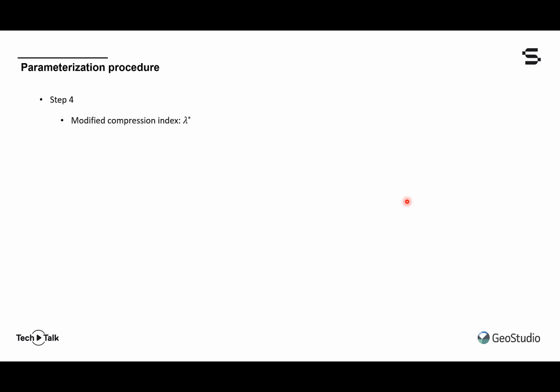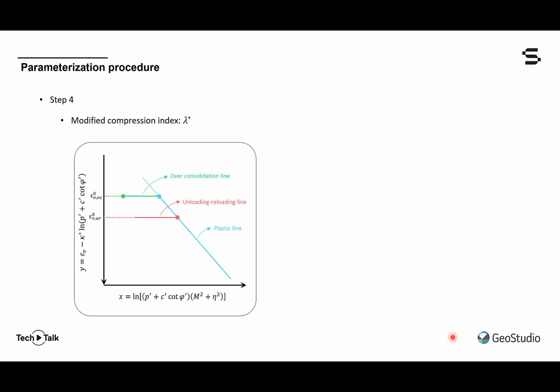So to deal with this issue, what we can do is transfer the measured results into another stress space, or I should call it volume plane, in which the sample response is linear, even on what we've referred to here as the plastic line.